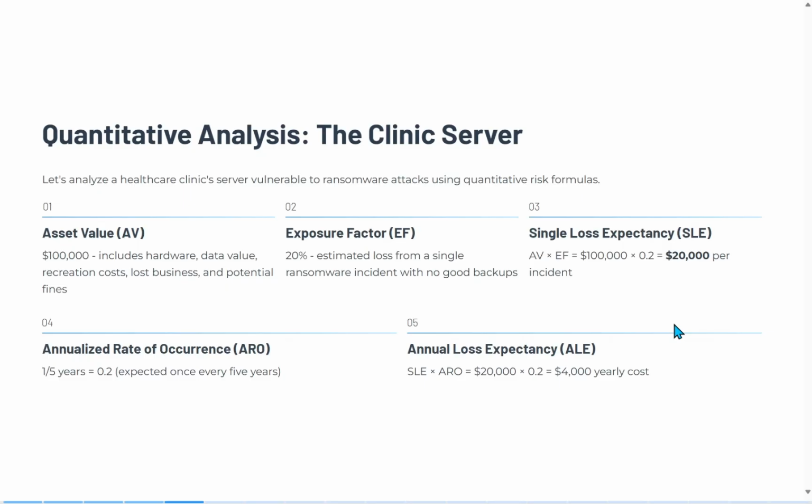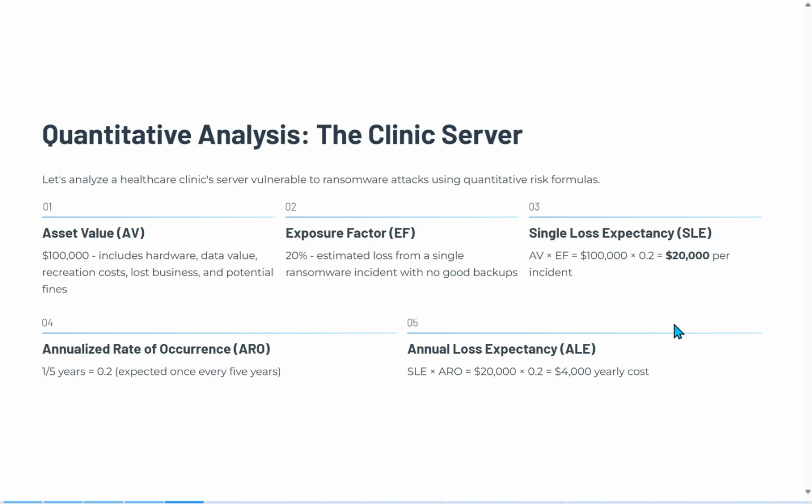So the quantitative analysis. We are going to be using the healthcare clinical server for the quantitative analysis. So let's analyze a healthcare clinical server vulnerable to a ransomware attack using the quantitative risk formula.